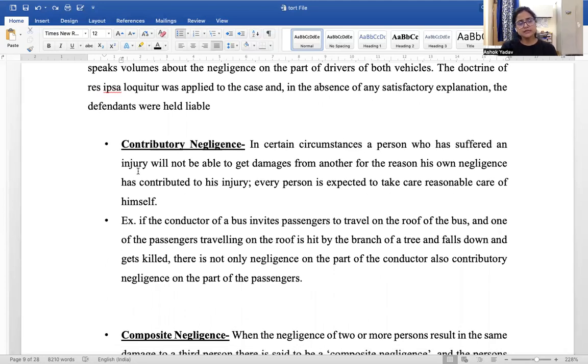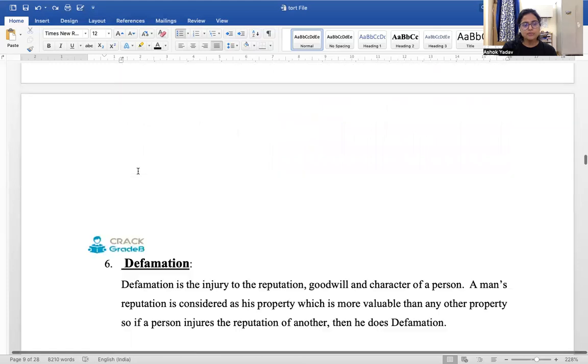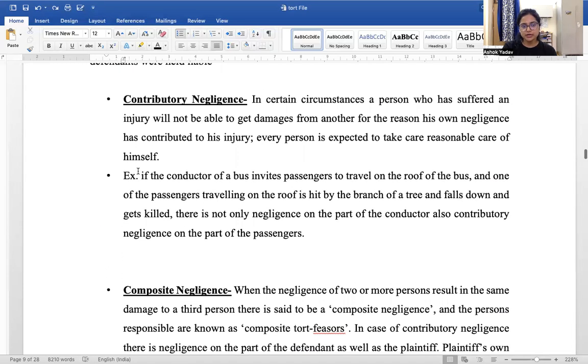Now, there are two kinds of negligence: contributory negligence and composite negligence, right? So, what is contributory negligence? In certain cases, a person who has suffered an injury will not be able to get damages from another for the reason that his own negligence has contributed to his injury.